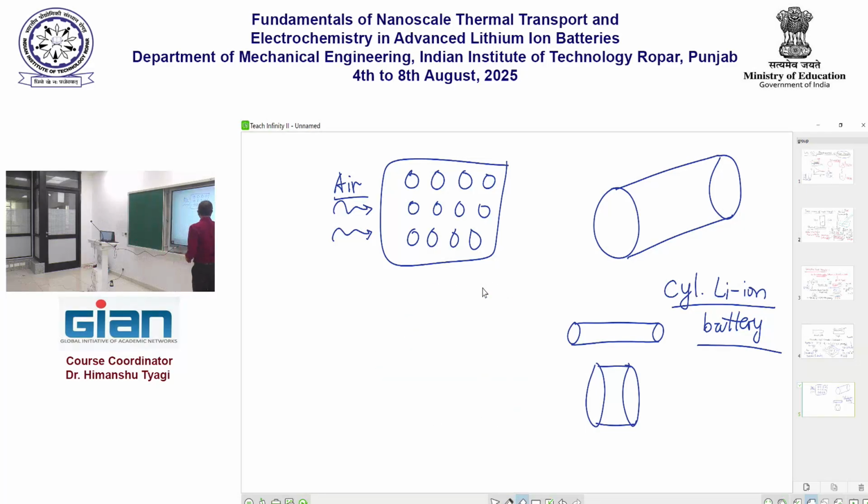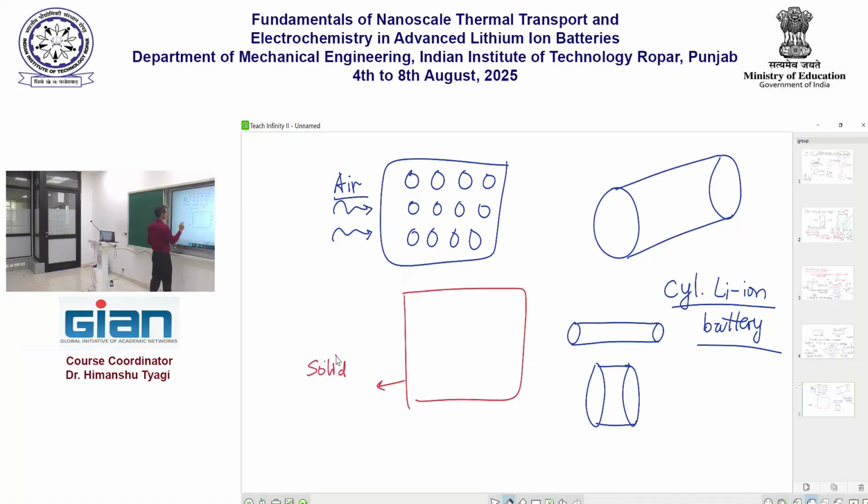What I'm trying to say is that we have a solid metal block. In this solid metal block, I will drill holes and make space to insert lithium ion cells.